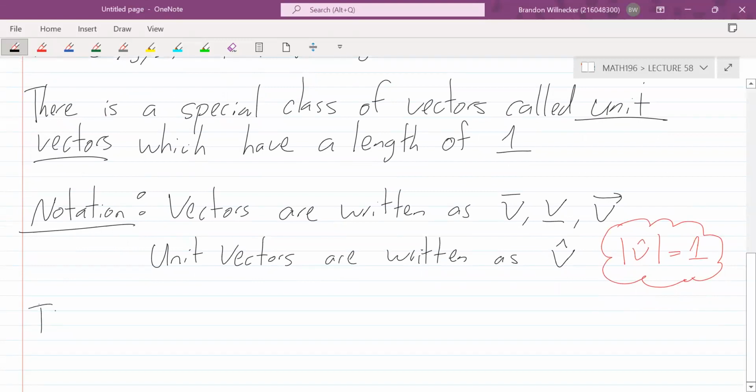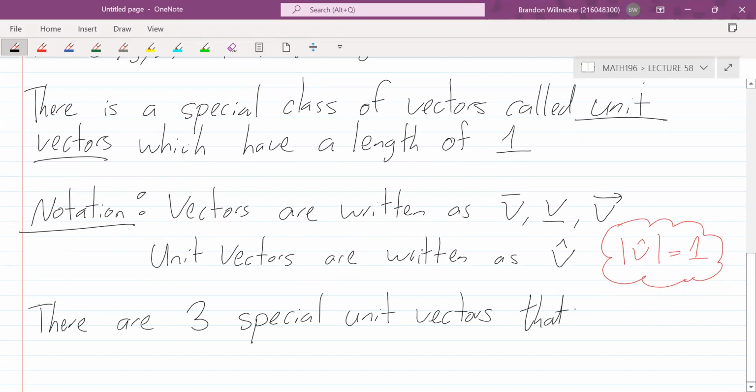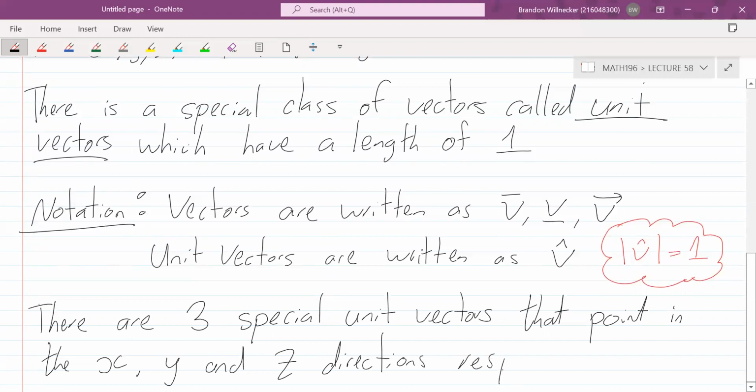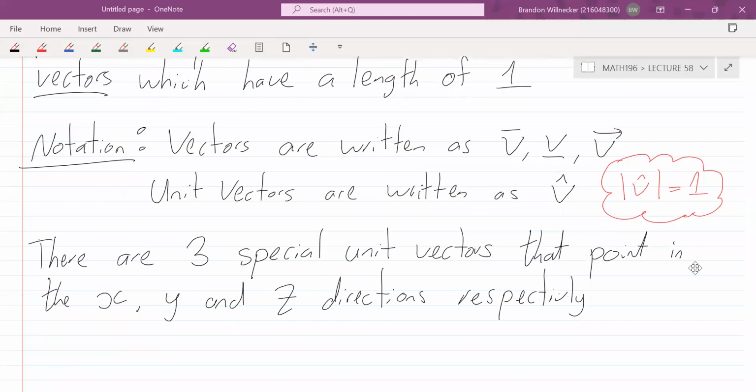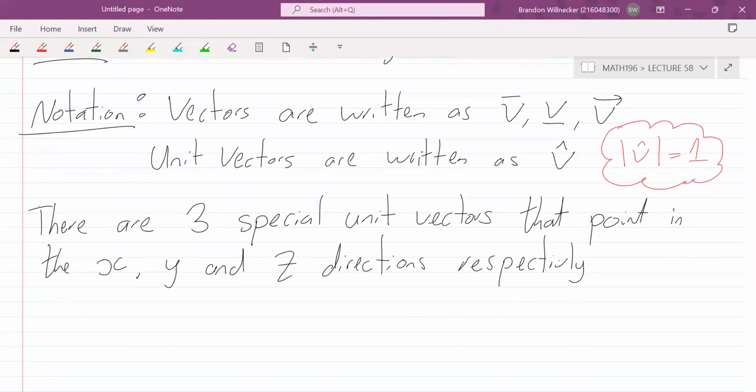And then the last thing for today, there are 3 special unit vectors that point in the X, Y, and Z directions, respectively. The unit vector that points in the X direction, we call that X hat.